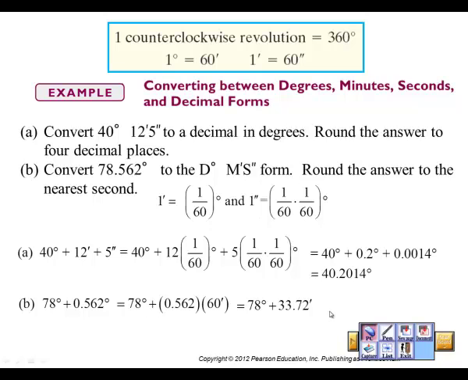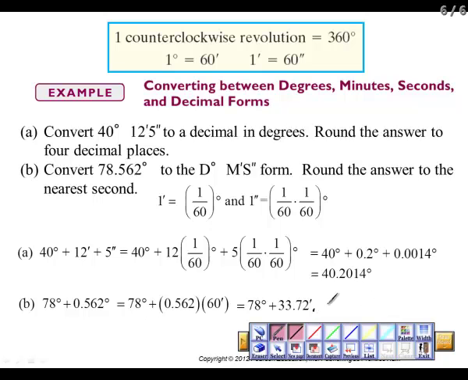So we're going to do the same thing. Well, we know that 1 minute equals 60 seconds. So we are going to multiply here. Are we going to multiply 1 minute over 60 seconds, or 60 seconds over 1 minute?